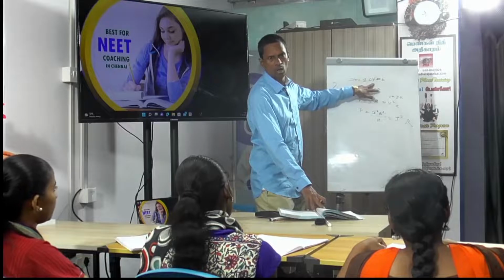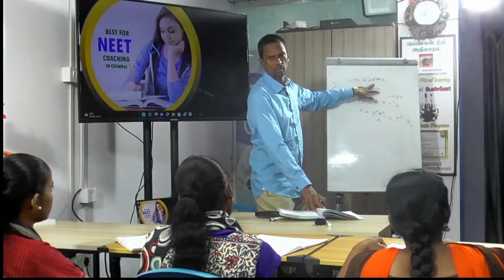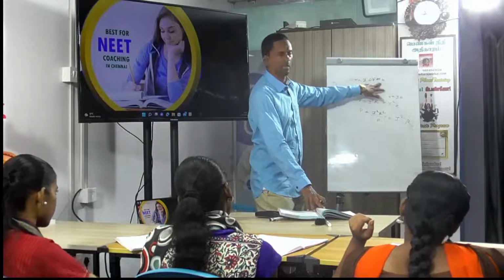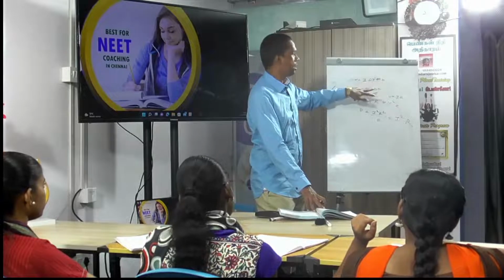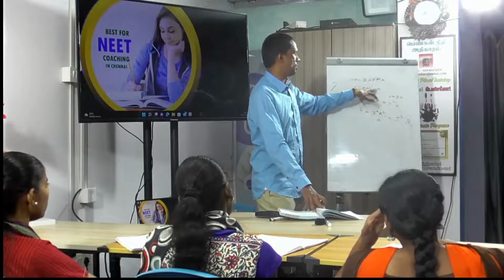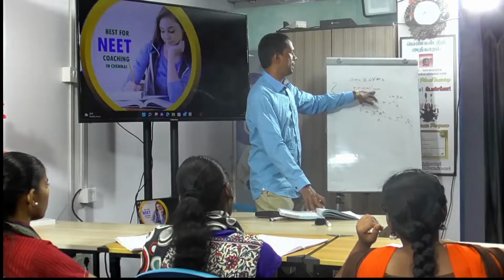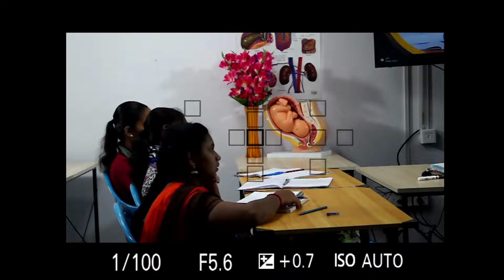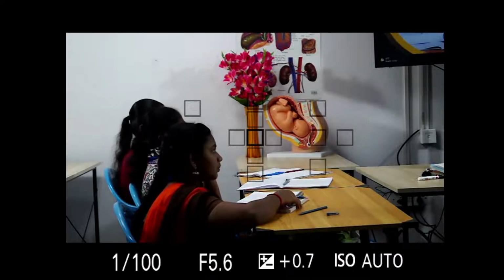Delta V is not velocity, it is voltage. Work done is the difference in the voltage into T, where T is the time. So P is equal to delta W by delta T. So P is equal to IV.